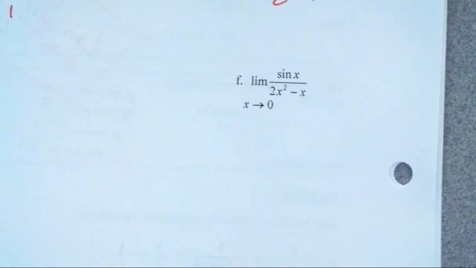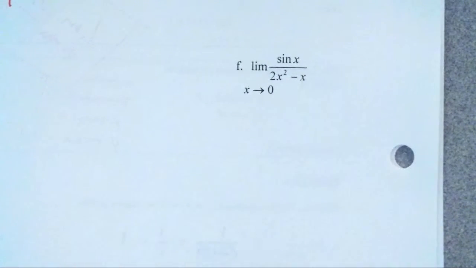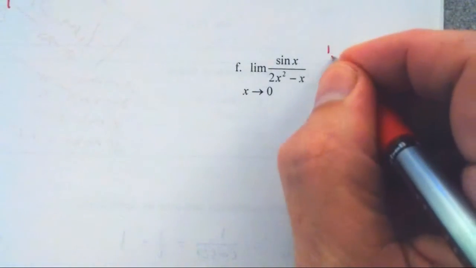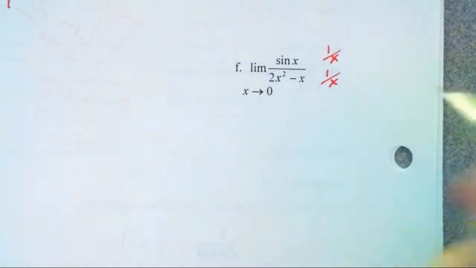All right. Yuck. I don't want sine of x. I want sine of x on x. How am I going to put it on x? I'm just going to do it. I'm going to put it on x. Now, notice I had another option.